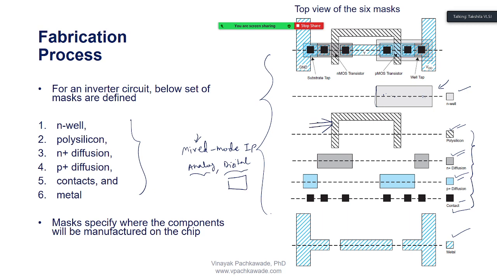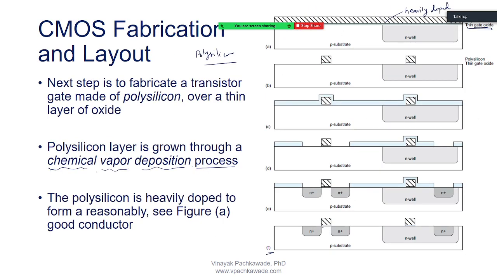Right. So I am looking at this mask. This is how the mask looks like. That's why I have grown the layer of it, right? So I will choose the poly mask and come back over here, and I will define it on this figure. I am looking at figure A, where I want the polysilicon gates. That area I will cover with the mask. So I will put the mask somewhere here and somewhere here.